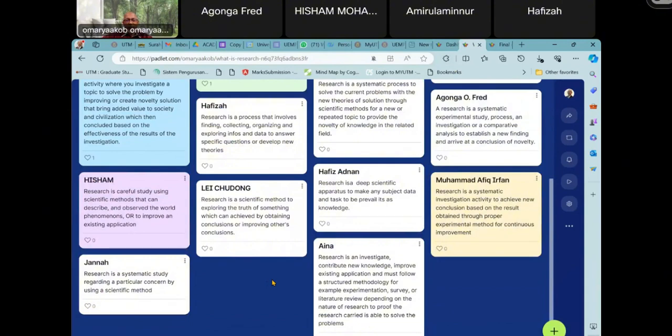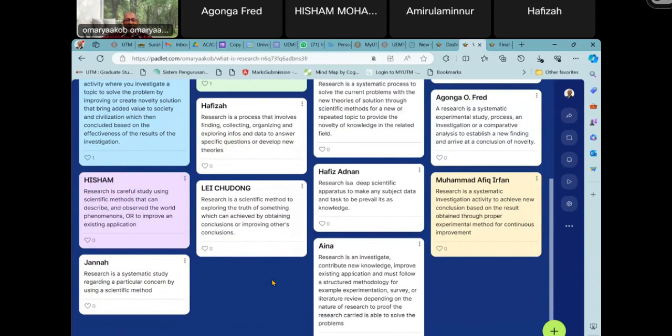So, a groundbreaking activity where you investigate a topic to solve a problem by improving or creating an innovative solution. I omitted the objective because to solve a problem you need to have a certain objective. You need to tackle it from your angle on how to solve the problem, by improving or creating an innovative solution.